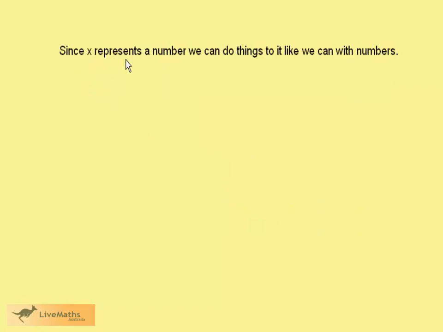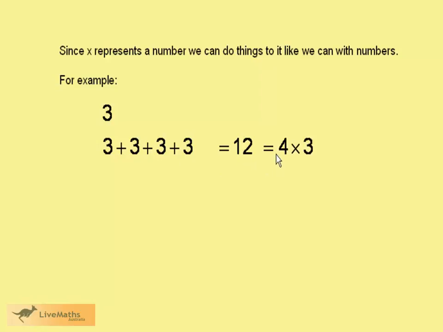Since x represents a number, we can do things to it like we can with numbers. For example, if we consider the number 3, we can do 3 plus 3 plus 3 plus 3. This is 12, but it's also 4 times 3, 4 lots of 3.